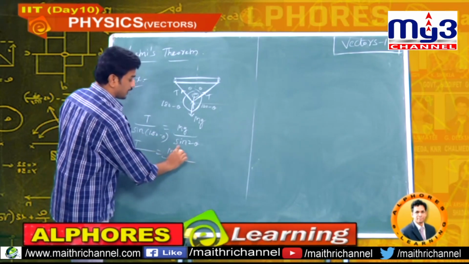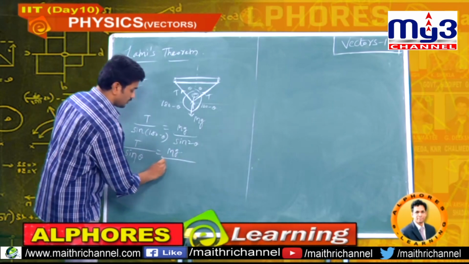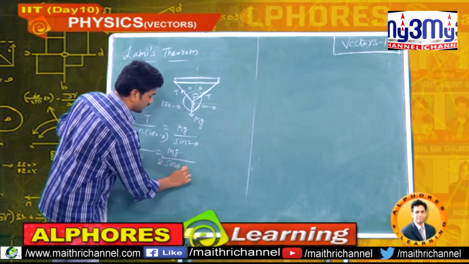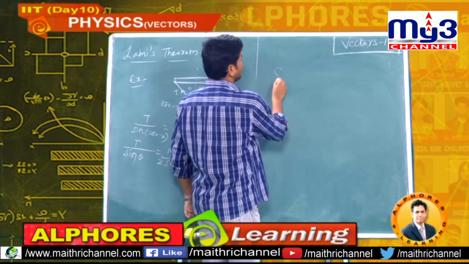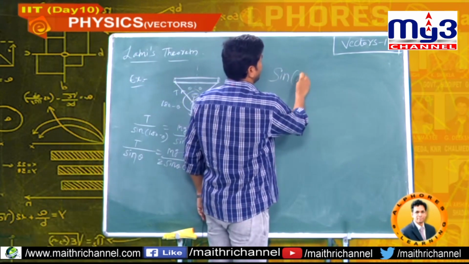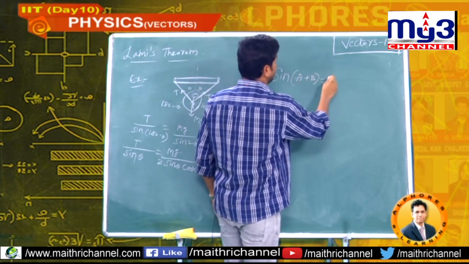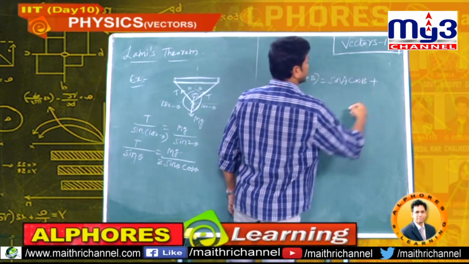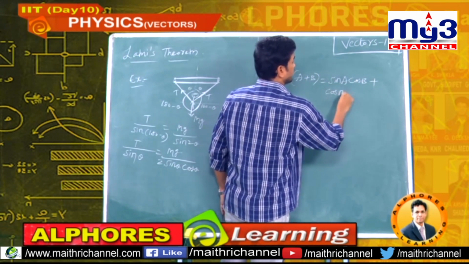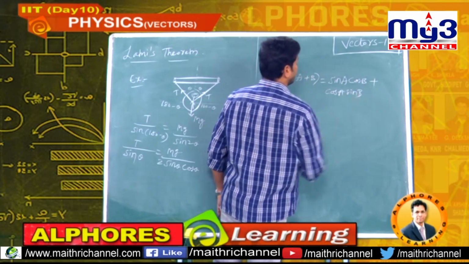For mg, sine 2 theta value is 2 sine theta cos theta, because sine of a plus b is sine a cos b plus cos a sine b.